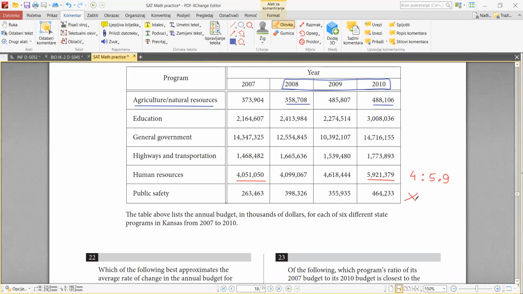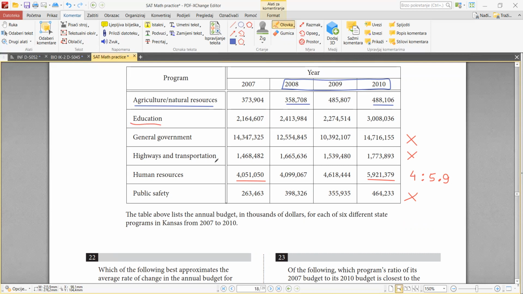Public safety is not in that ratio. Neither is highways and transportation. General government also. And education is right there.